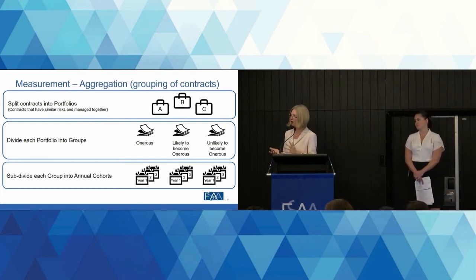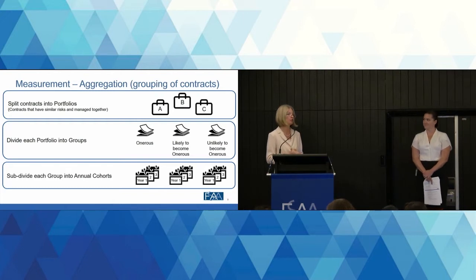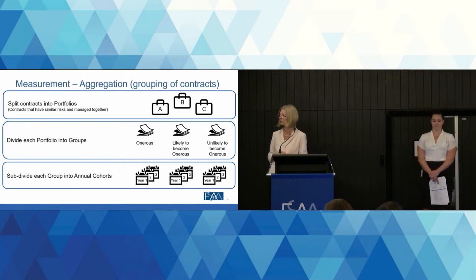So having a look at what the IASB was trying to do when we look at breaking contracts down based on their profitability, as well as then putting them into annual cohorts, what they're trying to do there is ensure that useful information is provided to users of financial statements about profitability of insurance contracts.